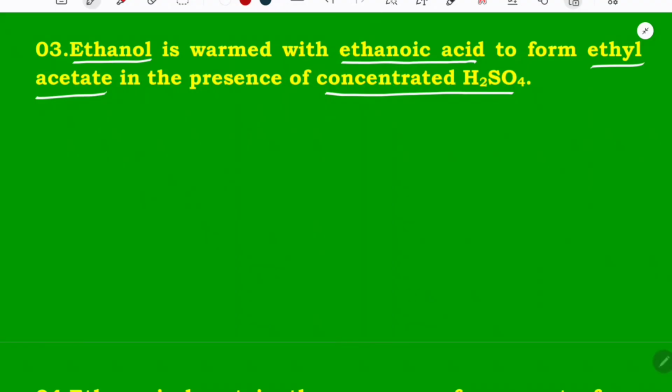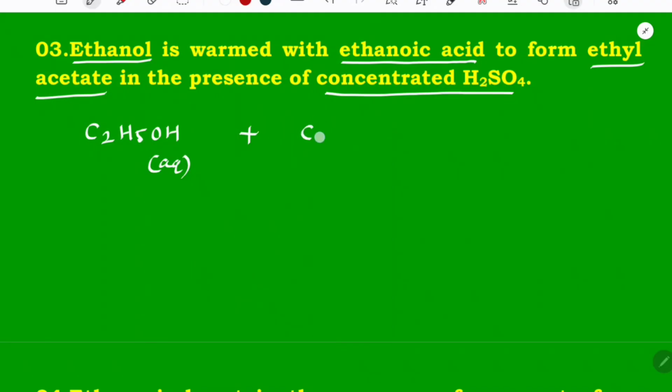Ethanol is nothing but ethyl alcohol, whose formula is C2H5OH. Acetic acid is called ethanoic acid.